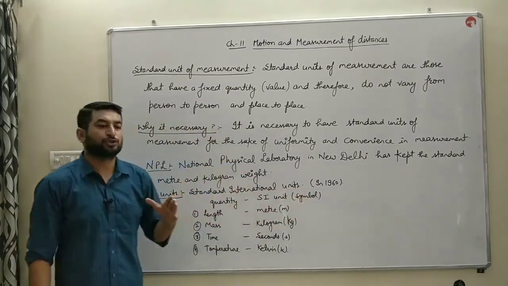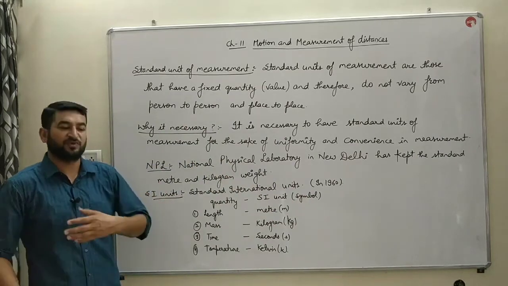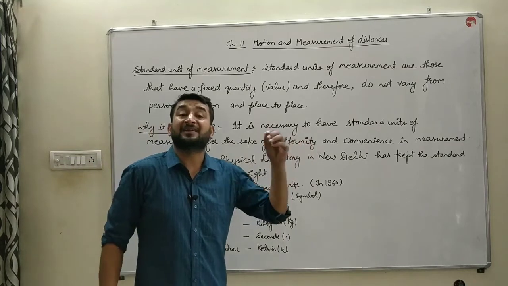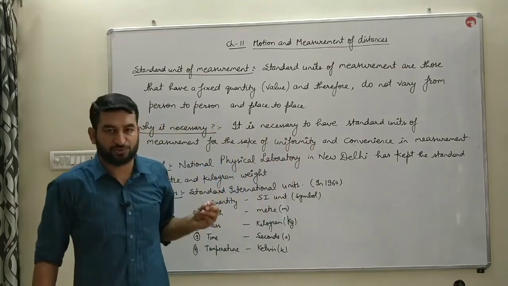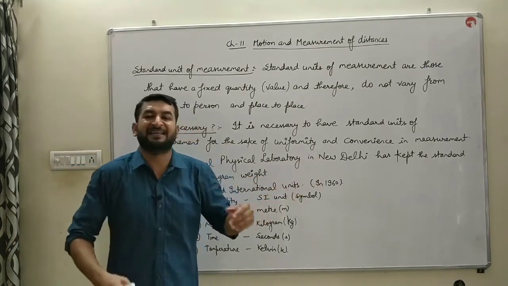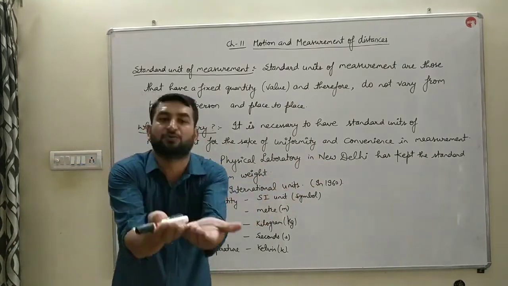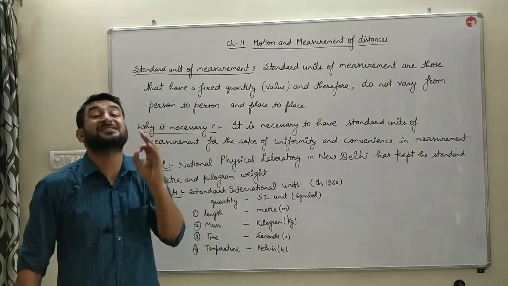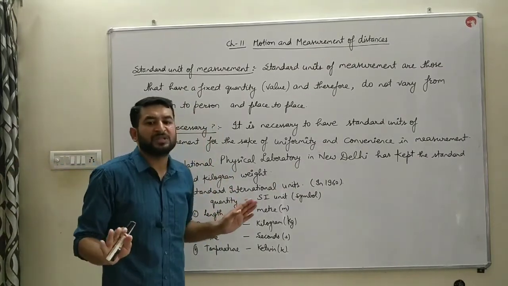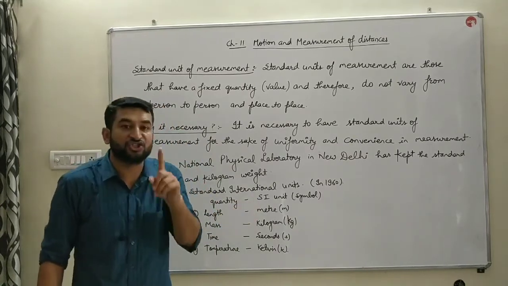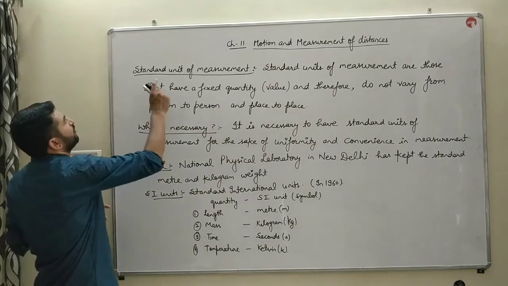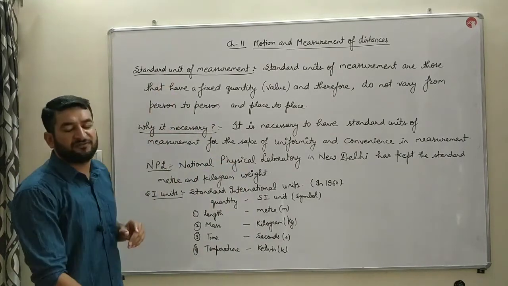If I want to measure the length of a cardboard or a table, the measuring tape which we use, bache, has the same meter value whether it's in my house or in your house. So that is the standard unit, whose value remains fixed and does not vary from one person to another. That is known as a standard unit of measurement.